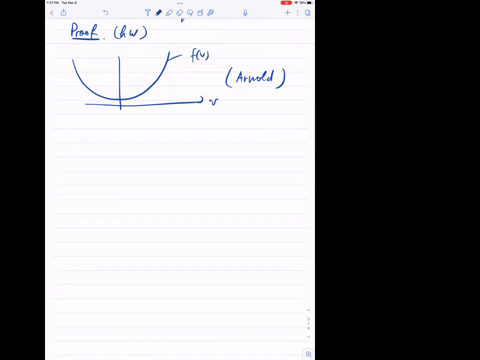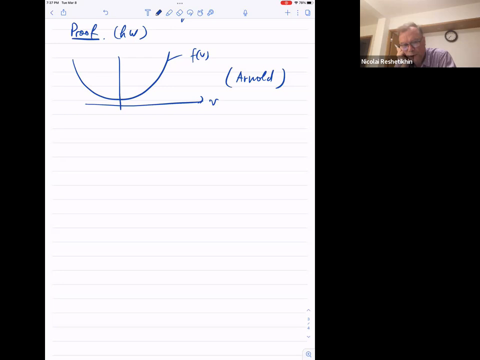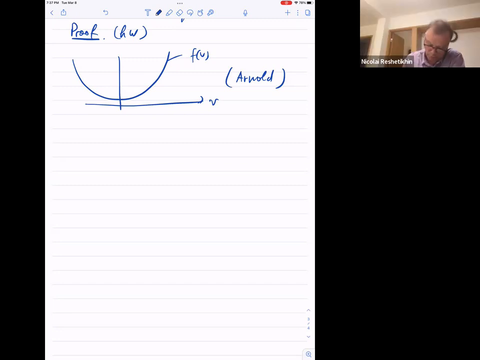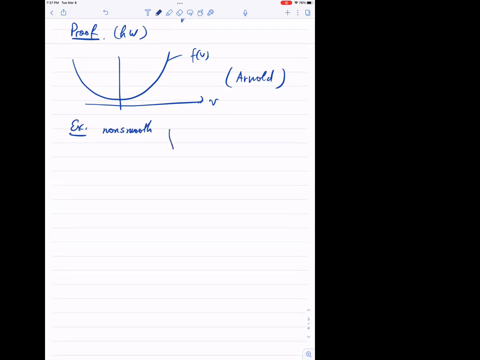If it stays strictly convex, but it's not necessarily smooth, is the Legendre transform roughly the same regularity? For example, C0, C1, and so forth. An example of this would be something non-smooth, like this.